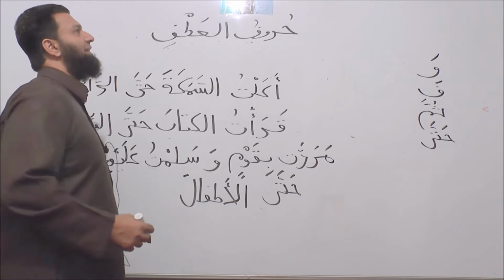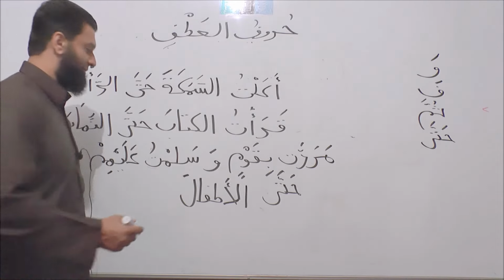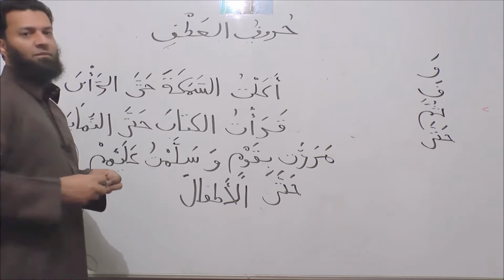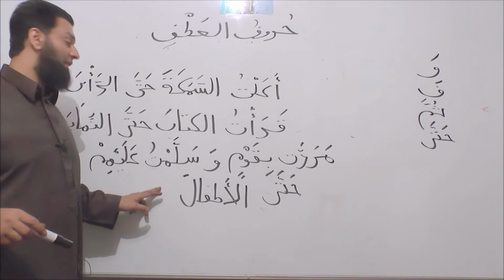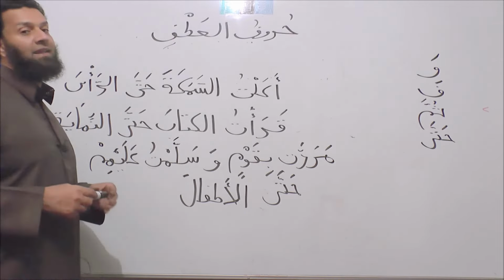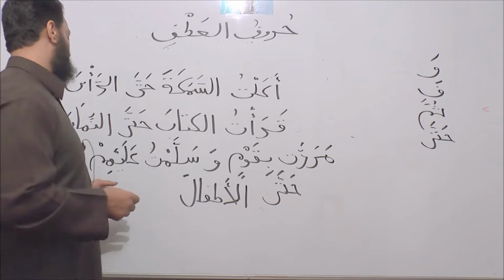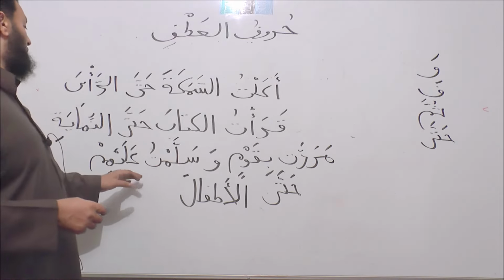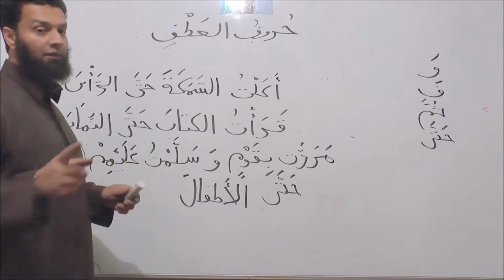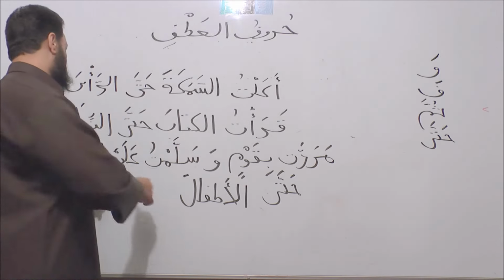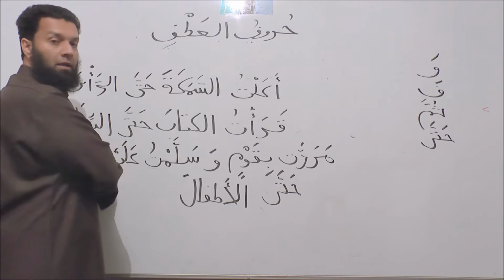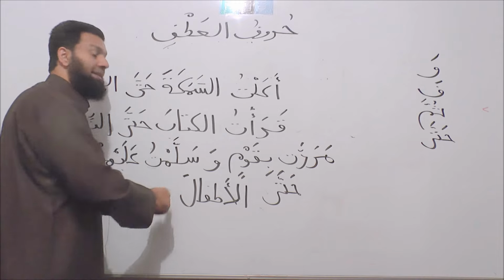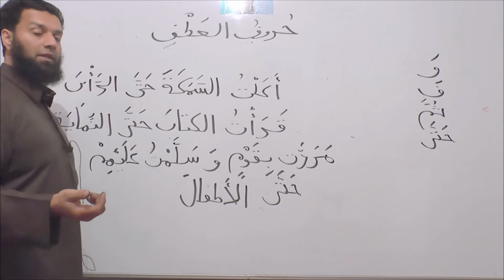Salimtu means I surrendered. Sallamtu alayhim. Right, note that correction there. Wasallamtu, so the object now of sallamtu is him, but by means of ala, because ala accompanies sallama. Right?